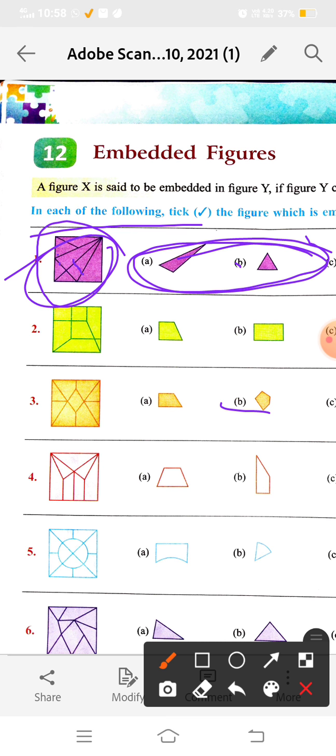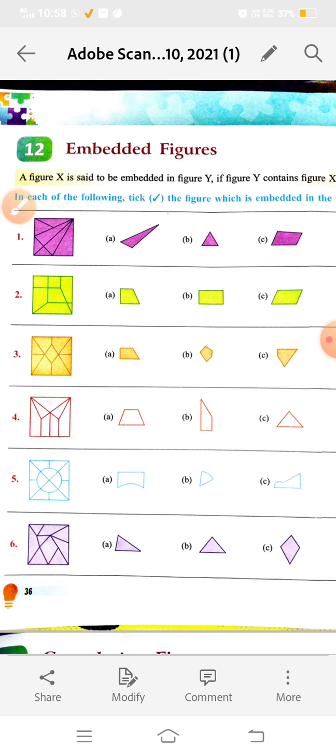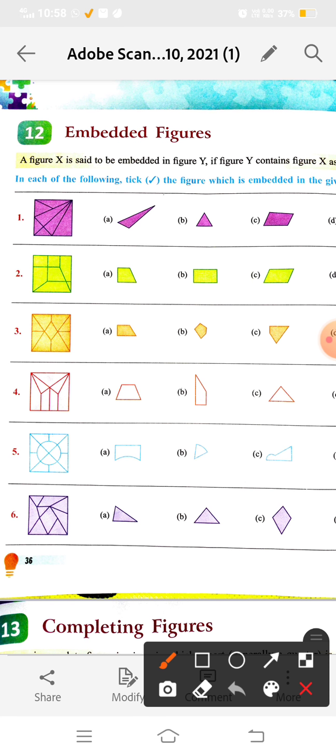We have to find out the embedded part of figure Y from X. This is our Y part and this is our X part.